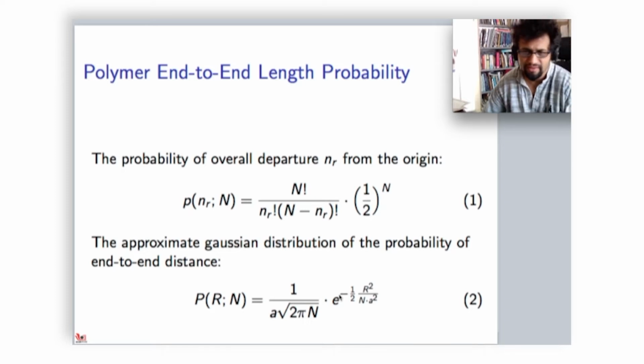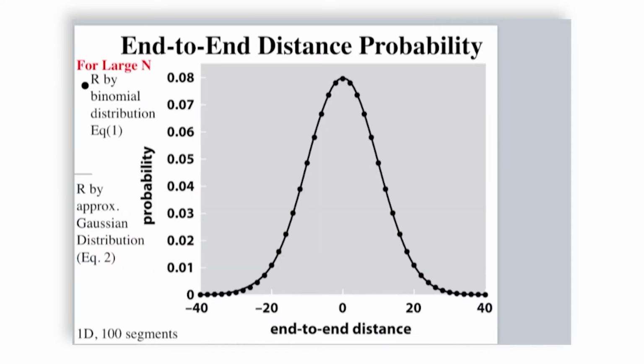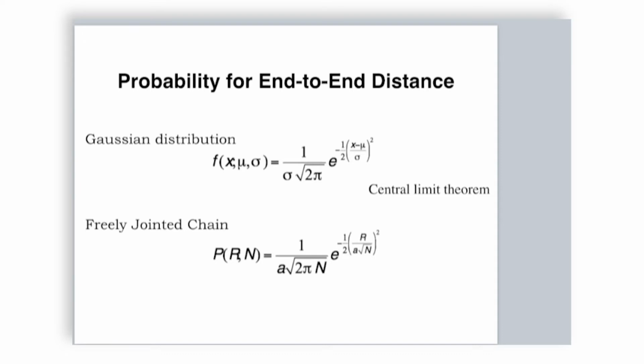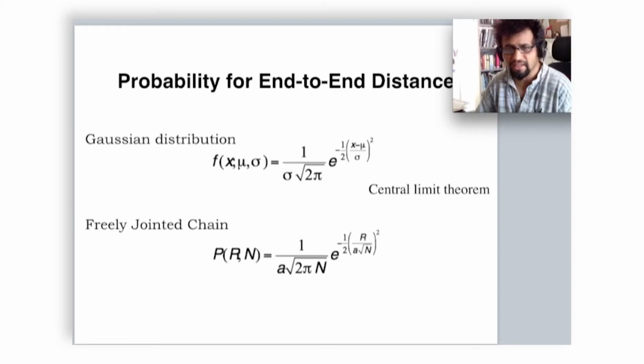Now, this is indeed a Gaussian, and indeed if you plot this for a 100 segment polymer, you exactly get a Gaussian, and you can in fact compare it to the standard Gaussian distribution, which you hopefully did in biostatistics or high school or I don't know where. It in fact tells you that the term a that we have been referring to as segment length can be easily mapped to sigma, yeah?